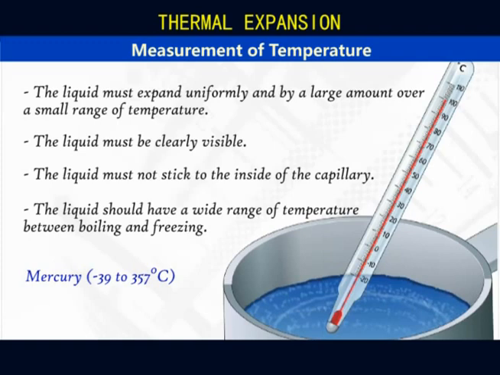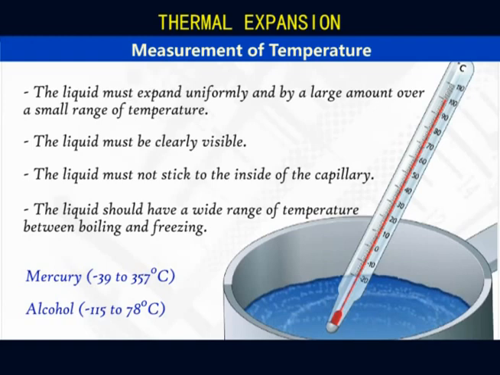Mercury freezes at -39 and boils at 357 degrees Celsius, while alcohol freezes at -115 degrees Celsius and boils at 78 degrees Celsius. Alcohol is therefore suitable for measurement of temperatures below -39 degrees Celsius.